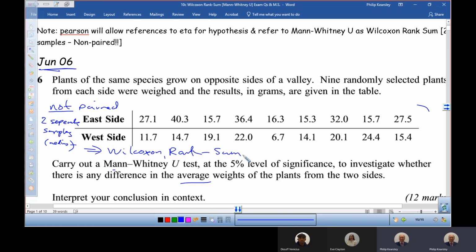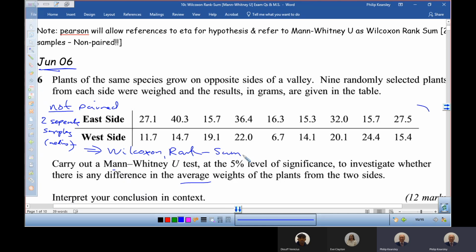I don't mind the name change. The old exam board, the old spec, used to refer to it as the Mann-Whitney U test. It was good because it reminded you that U was the test statistic. Now that we've got Wilcoxons, that's good. Benefit number one is that it's under the category of Wilcoxons, where your conclusions are different.